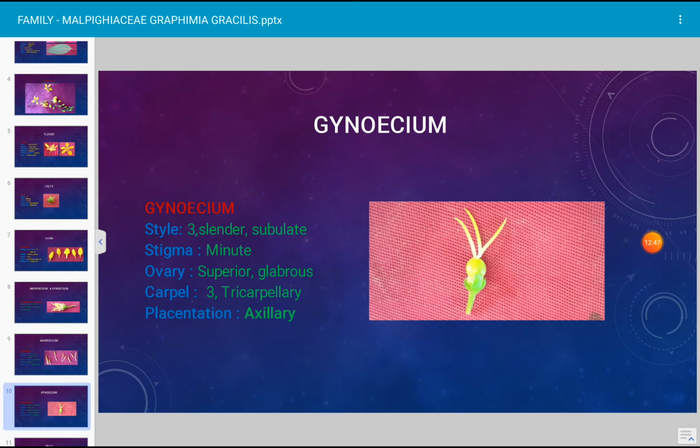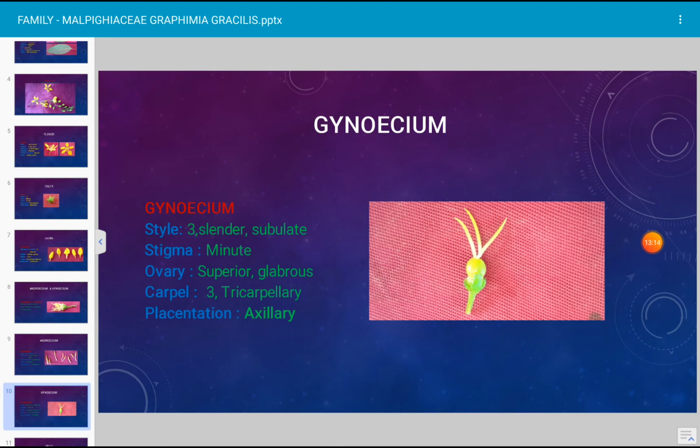In this gynoecium, there are 3 styles. They are cylindrical, and the stigma is very small. It is a minute stigma. Stigma is situated at the end of the style. There are 3 styles, that means there are 3 stigmas, and the stigma is very minute, very small in size.